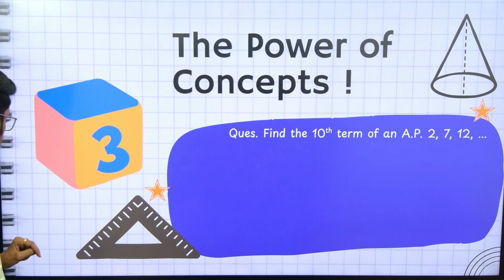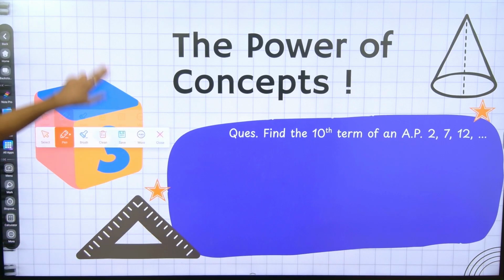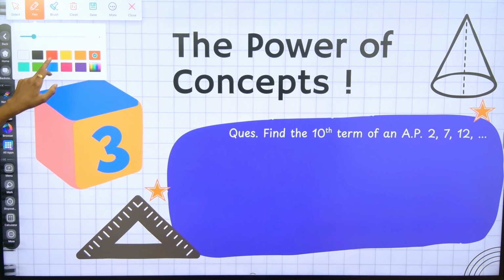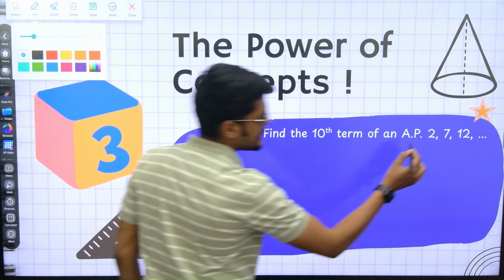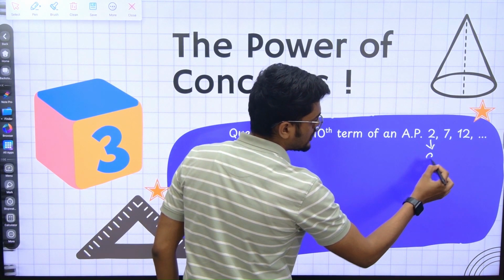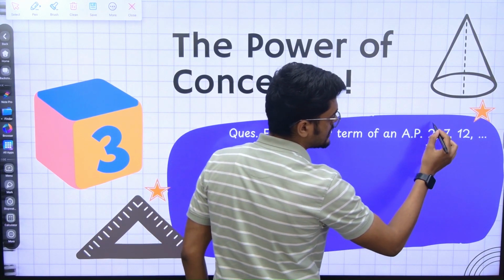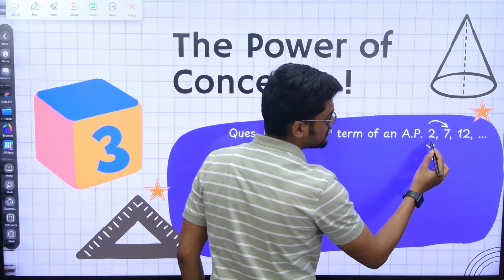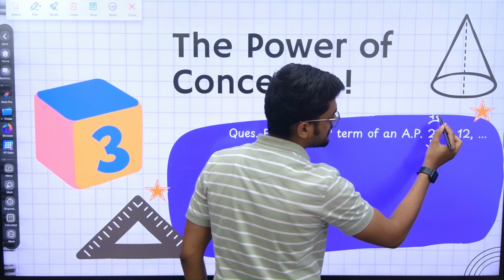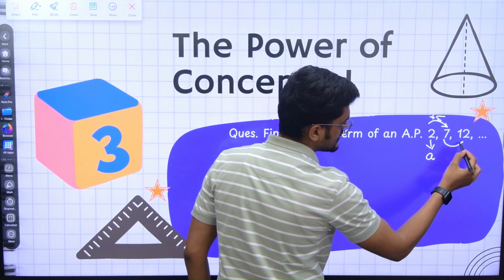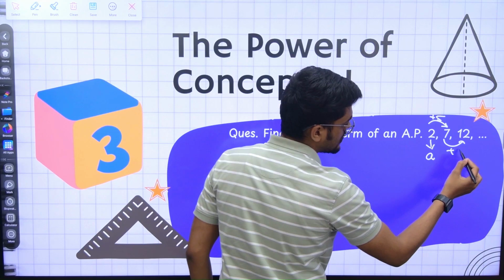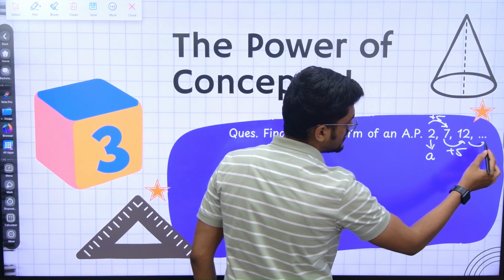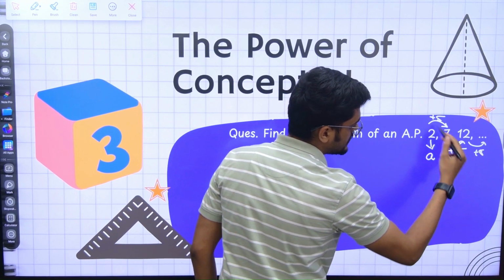Till then, I will take a second and let's start. Okay, so over here we can see that 2 is our a, and if I move from 2 to 7, I am adding 5 to it. In the same way, 7 plus 5 would be 12, 12 plus 5 would be 17, and so on.